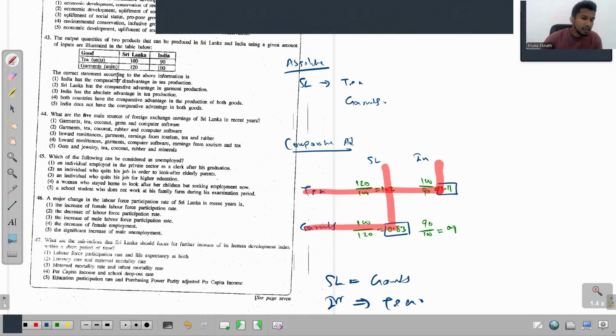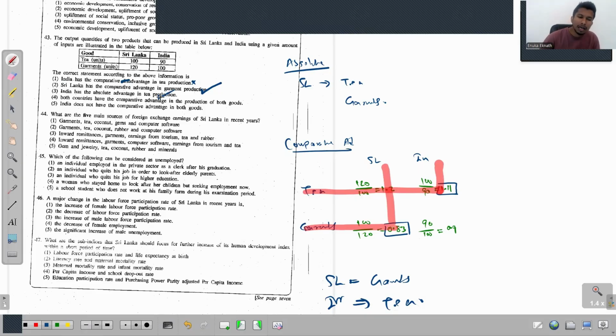The correct statement according to the above information is India has the comparative disadvantage in tea production. No, they have the comparative advantage. Wrong. Sri Lanka has the comparative advantage in garment production. Yes, correct. India has absolute advantage in producing tea.